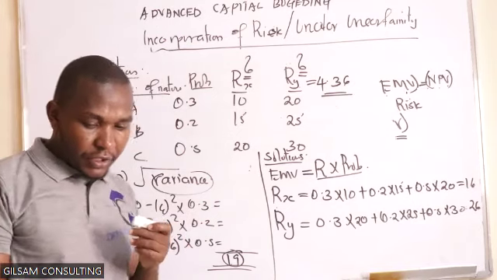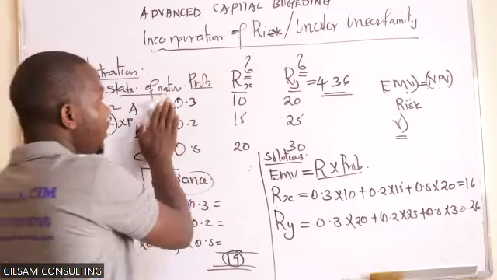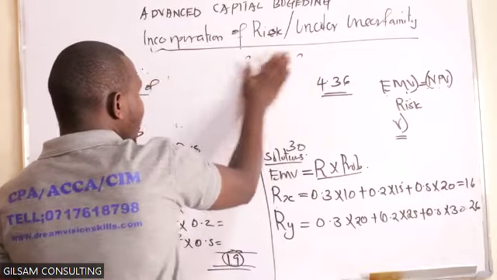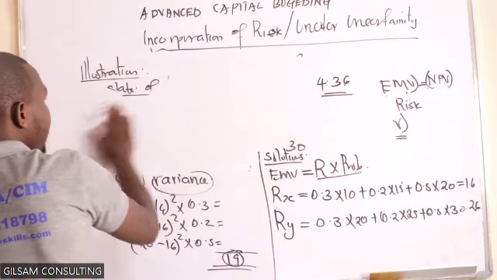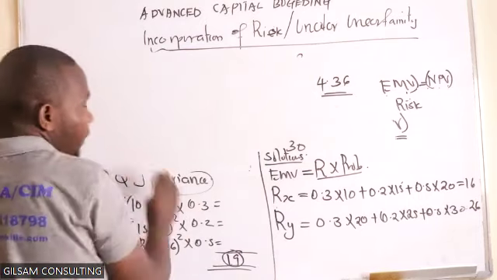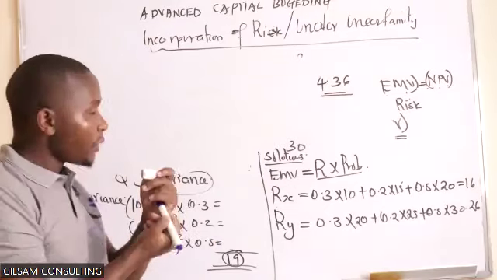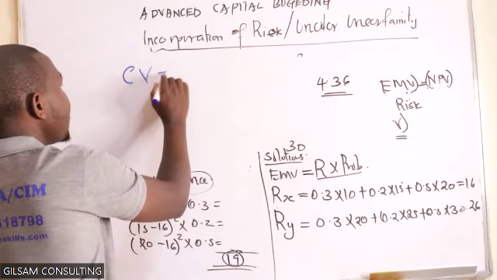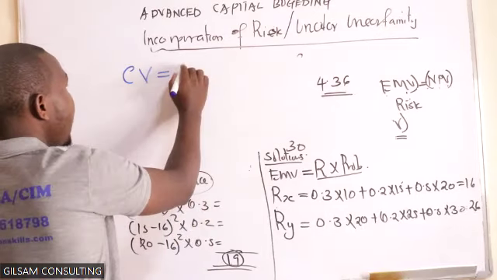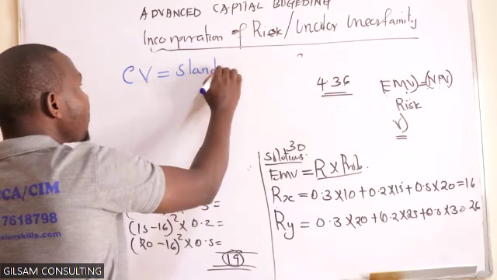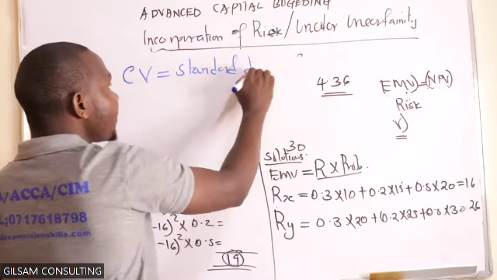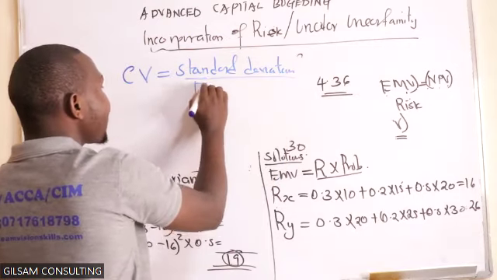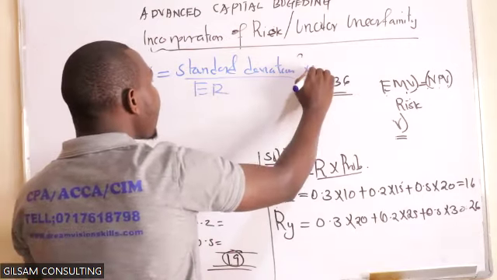Now we get the coefficient of variation, the CV. How do we get CV? You take the standard deviation and divide by the expected return, times 100%.